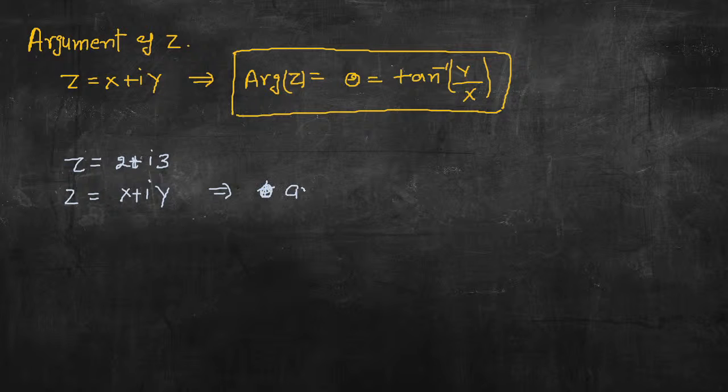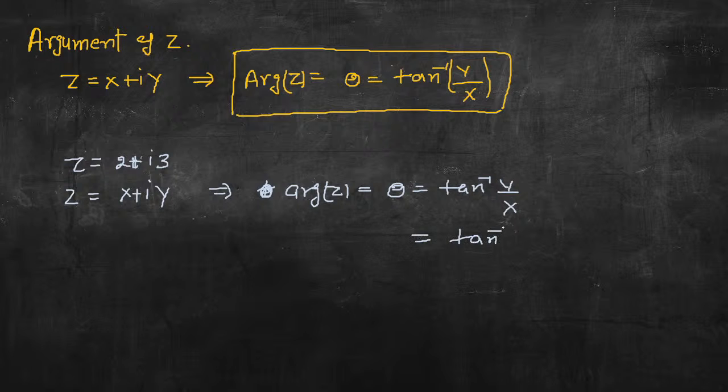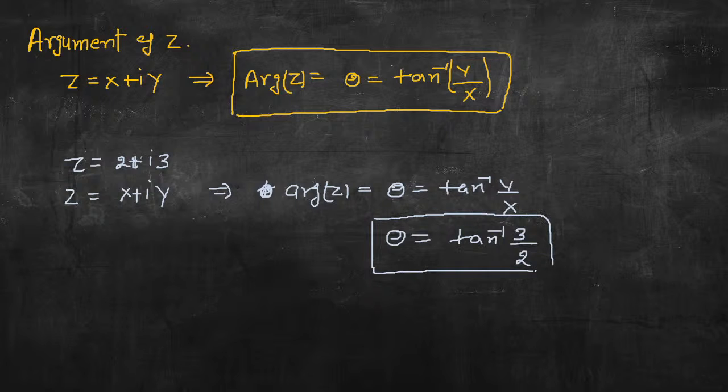You have to find the argument of z. So argument of z is equal to theta, and theta is equal to tangent inverse y by x. So what is y here? That is 3. So you can write tangent inverse 3 by x, which is 2. So tangent inverse 3 by 2 is the value of theta. That is the argument of z. That's so simple, I think.